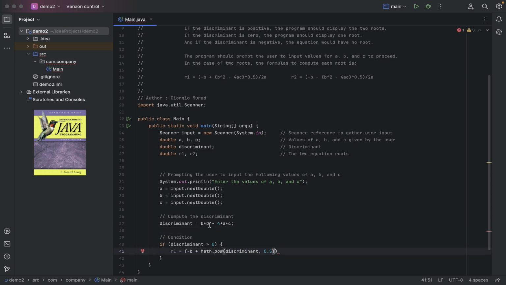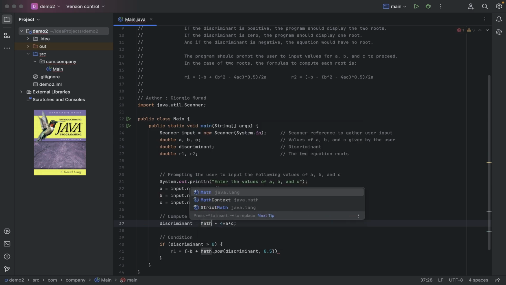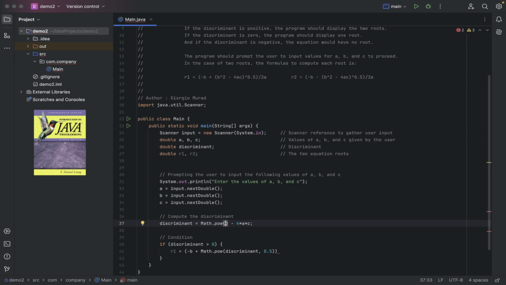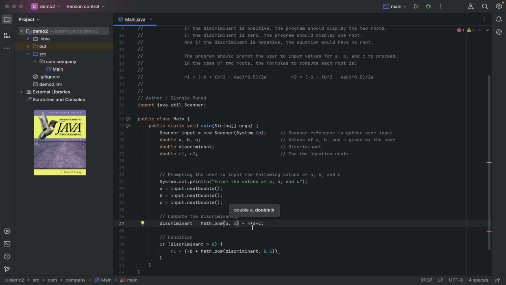I can also use it here. So instead of B times B, I can use Math.pow. A is B, the value of A is going to be B, and the second value is going to be 2. So B squared. And in here, after getting the square root of the discriminant, now I can divide this by 2 times a.